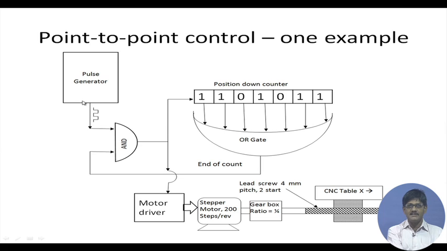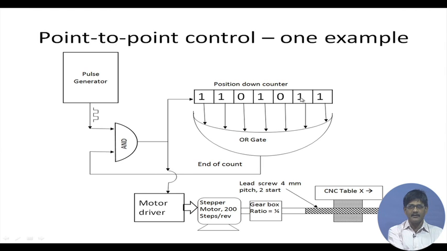So, these pulses are coming out of the pulse generator and they are gated with a signal which is coming out from here. This is an AND gate. Now, what is this? This is called a position down counter. It is a device which can contain inside a digital byte, say 8-bit or less or more.